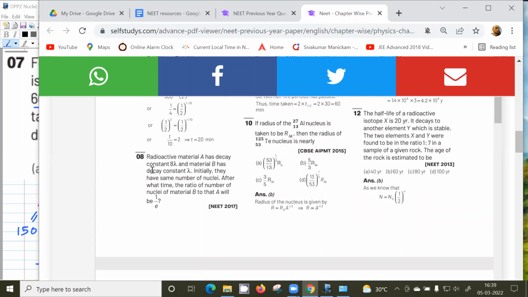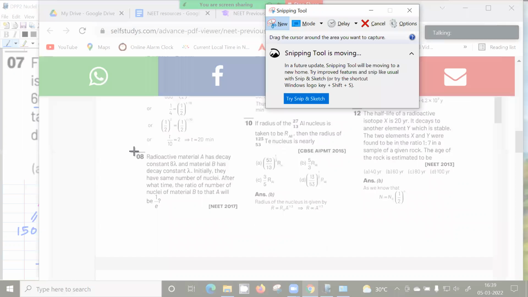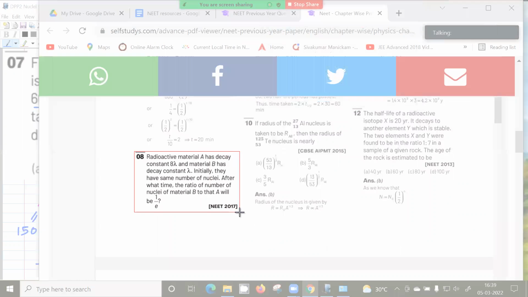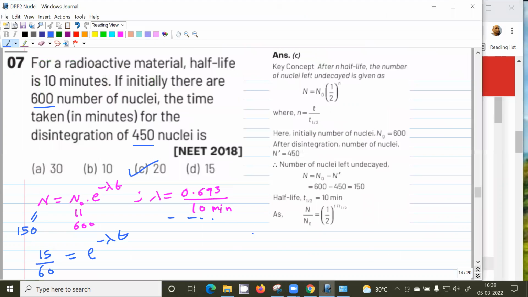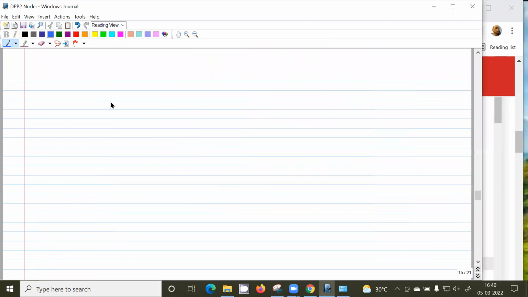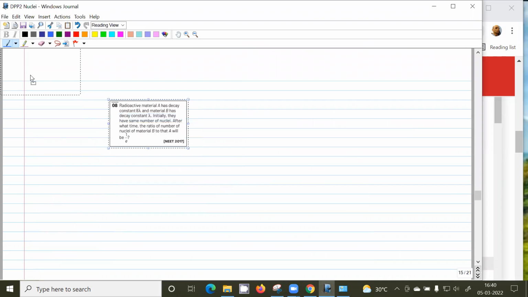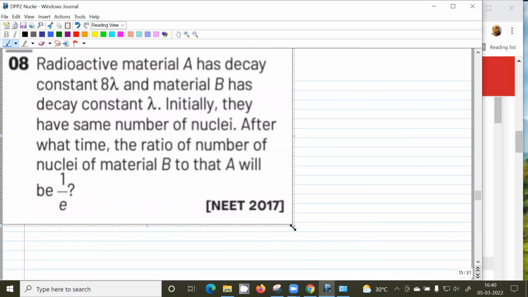Radioactive material A has decay constant lambda. Try this one.